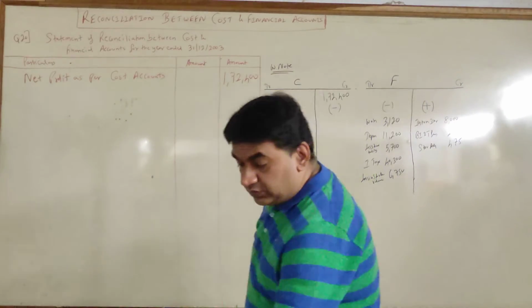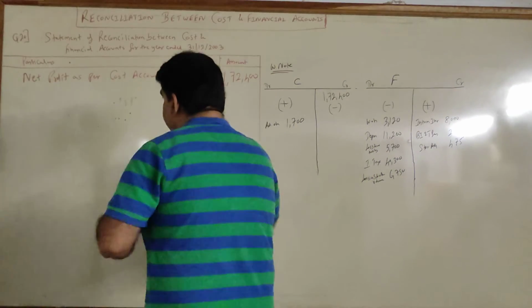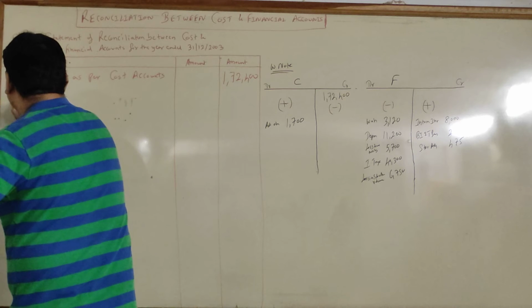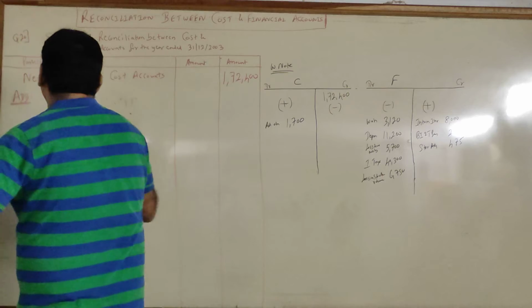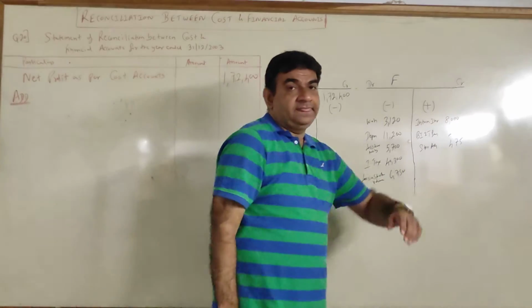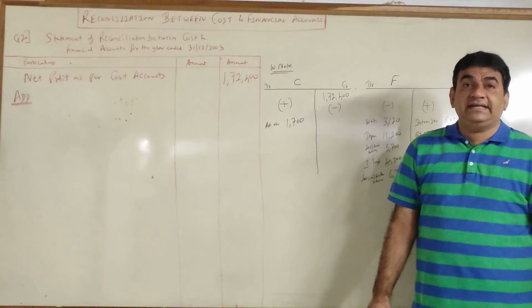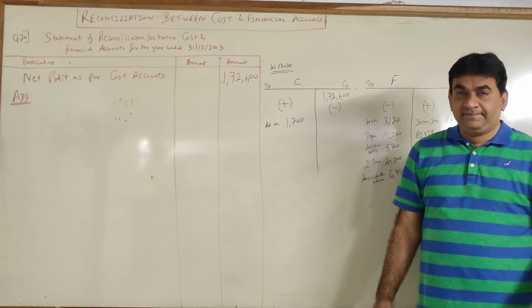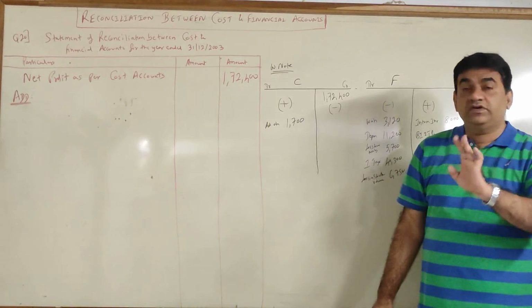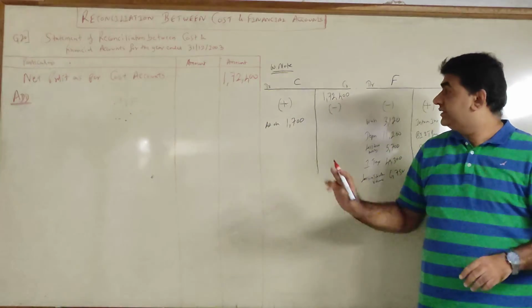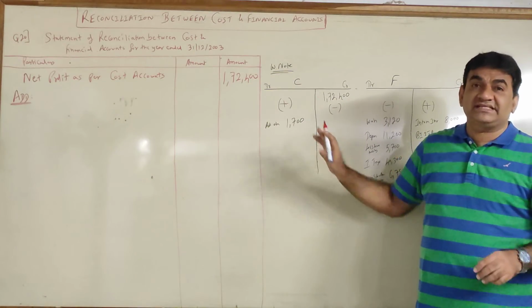Now what will you do there? Below net profit as per cost accounts, right there, add. Now see what you will do. When I say add, you will first see the plus sign.